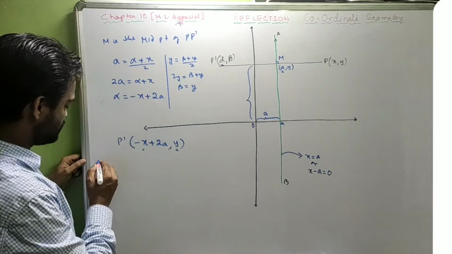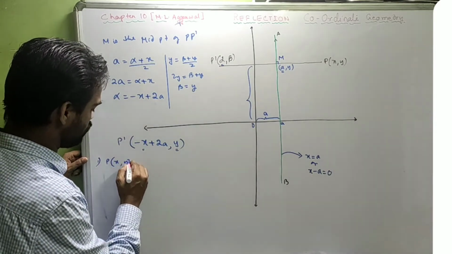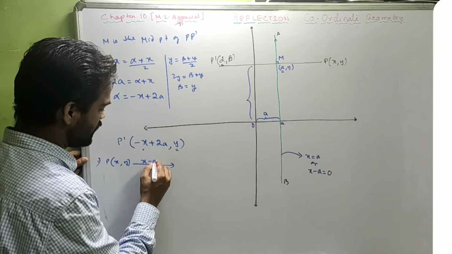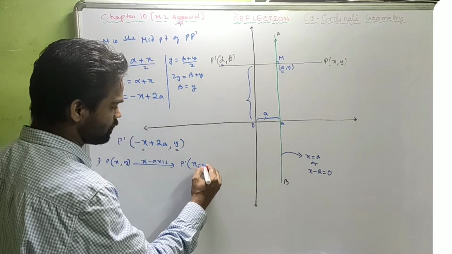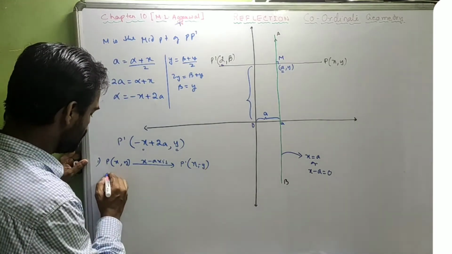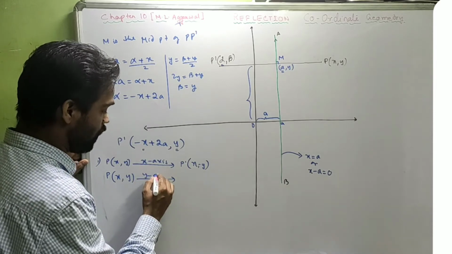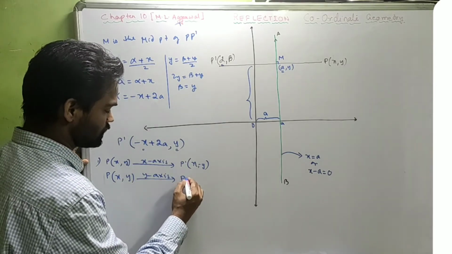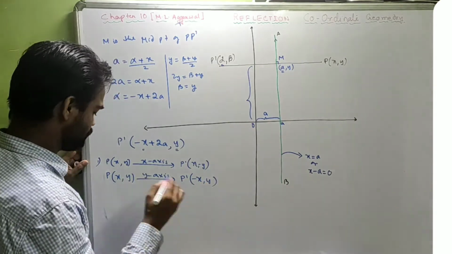So to summarize the entire thing, if a point P (x, y) is reflected on x-axis, the sign of y coordinate changes. If a point (x, y) is reflected on y-axis, the sign of x coordinate changes.